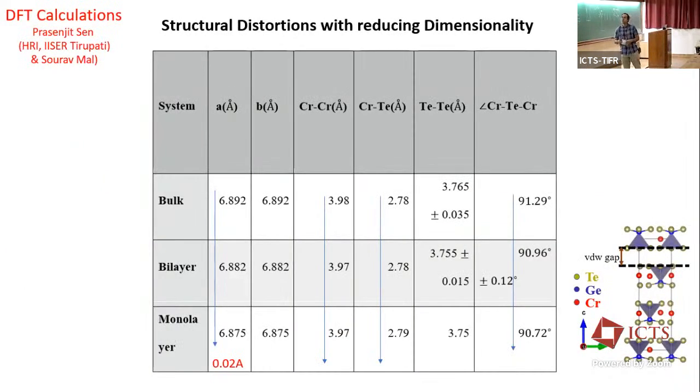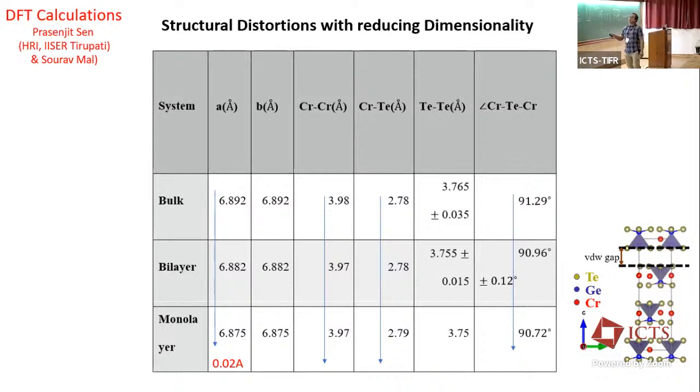And this is where we started talking to Prashanjit and his student. And what they did was, they did DFT calculations on this system, for the bulk, for the bilayer, and for the monolayer case. And what they found is that if you look at the equilibrated structures by relaxing the structures down, for each of these systems, as you go to lower dimensions, there are slight structural distortions occurring in the system.